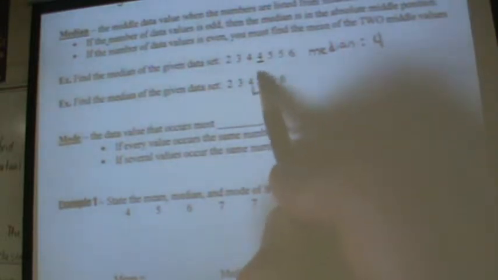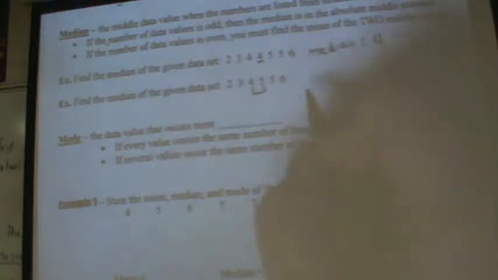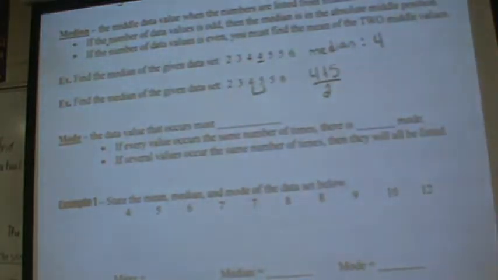So we need to find the average of these 2 values: 4 plus 5, then divide by 2.